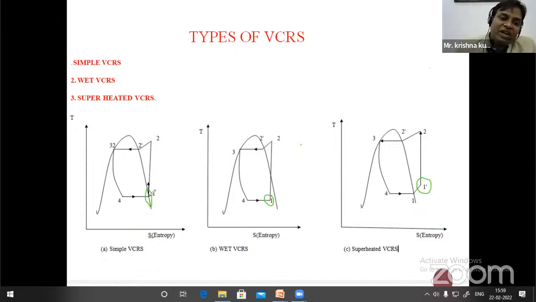If it starts from the saturated vapor point, it is called the simple VCRS system. If the compression starts from the wet position, where you have a dryness fraction in the wet region, the system is called wet vapor compression. If it starts from the superheated region, the system is called the superheated system. While explaining the numericals, you will see the difference if the compression takes place from this point or from this point. So these are the 3 types of VCRS system.